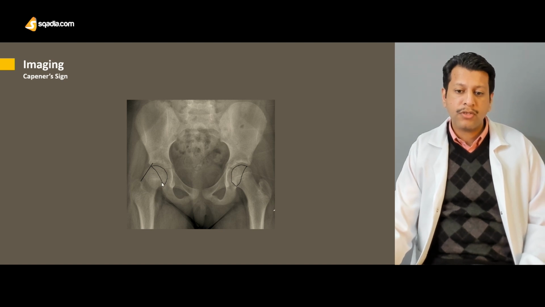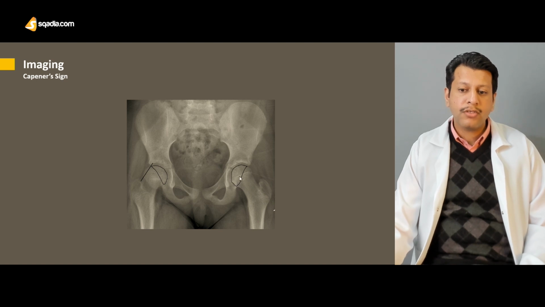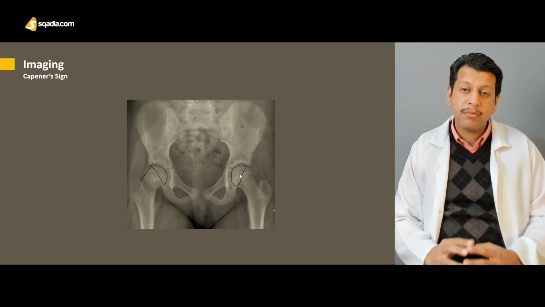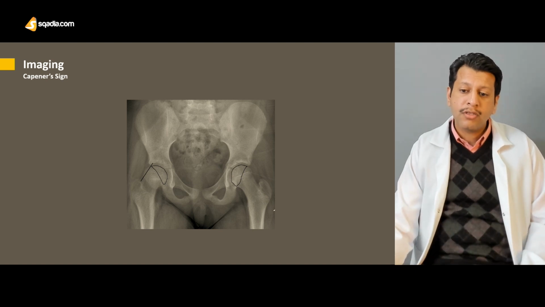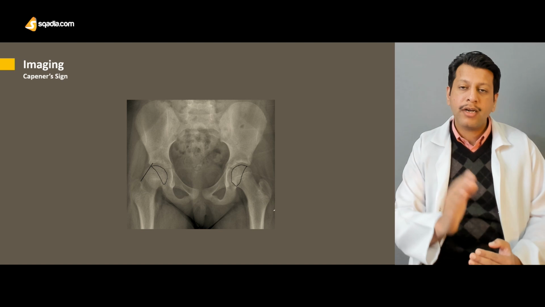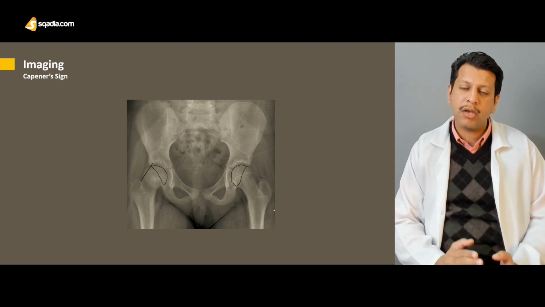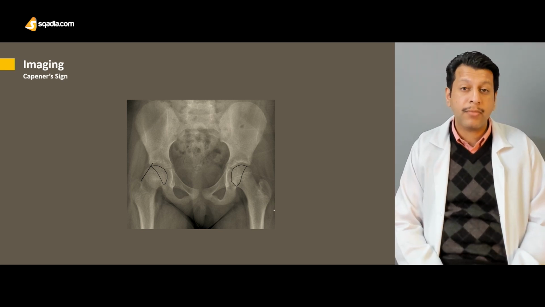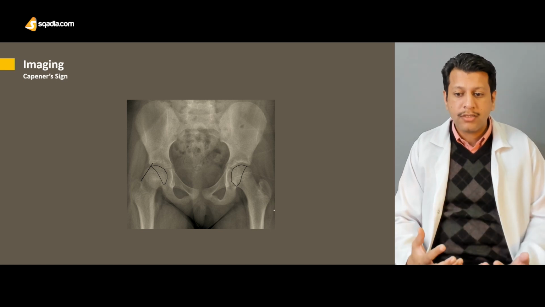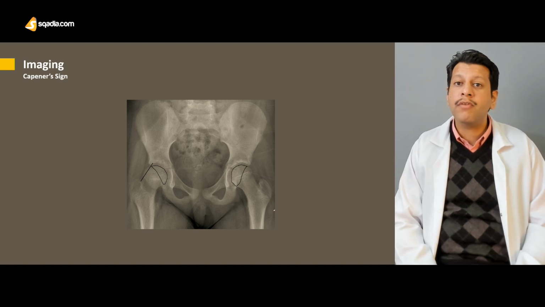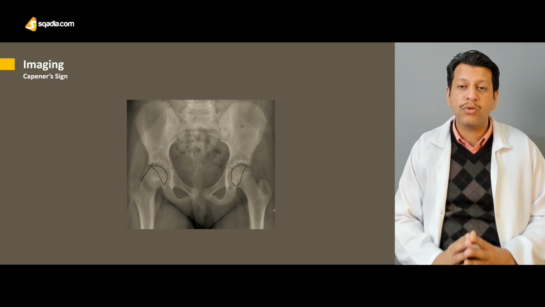The head usually appears to be slightly medial to it, but in this pathology, the head is actually all the way lateral to it. Sometimes if there is increased slip, the whole of the head is lateral to the posterior edge of the acetabulum, and this is called the Capener's sign. All these signs are telltale signs of SCFE, and that means the diagnosis is going towards SCFE.